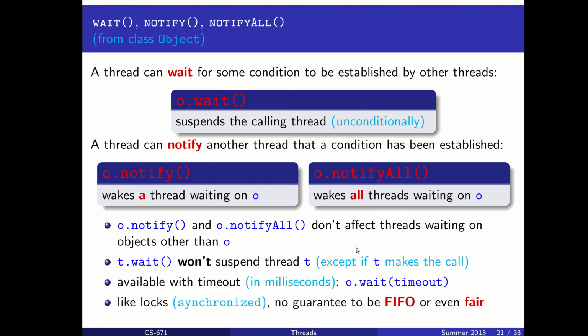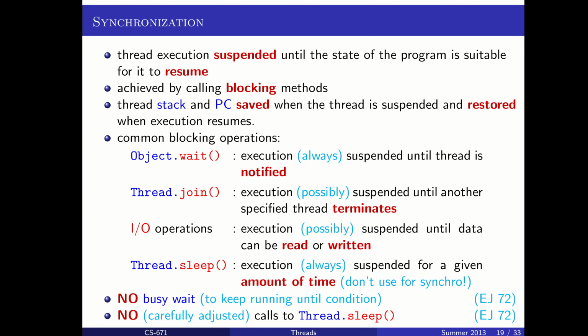But the main takeaways are that we've got these methods that allow us to do some synchronizing. We can give up the lock on a particular object and wait for a while. We can cause the calling thread to wait until another thread finishes its work and joins back with us. We will sometimes block on input and output, and we can cause some sort of temporary blocking by sleeping, but this is often not the best way to go.